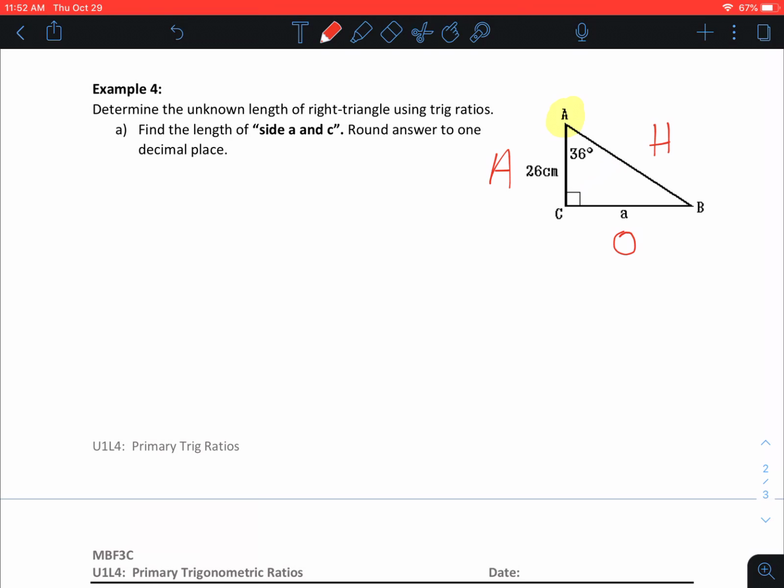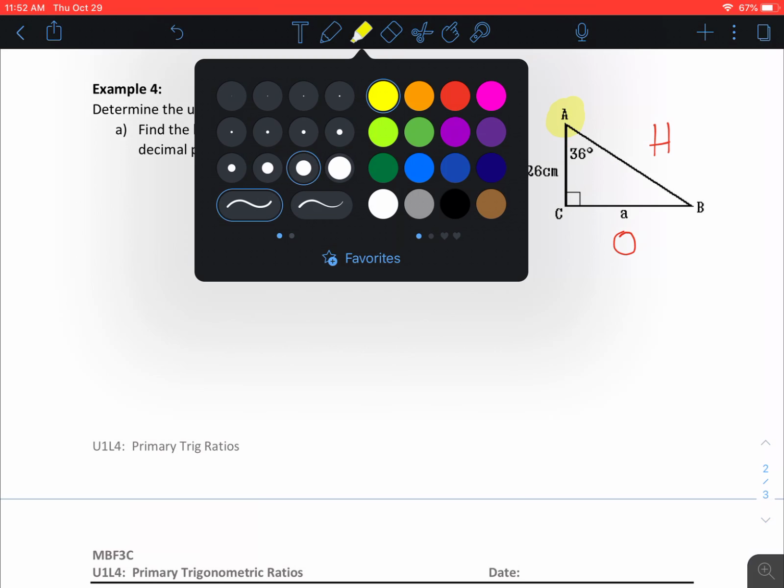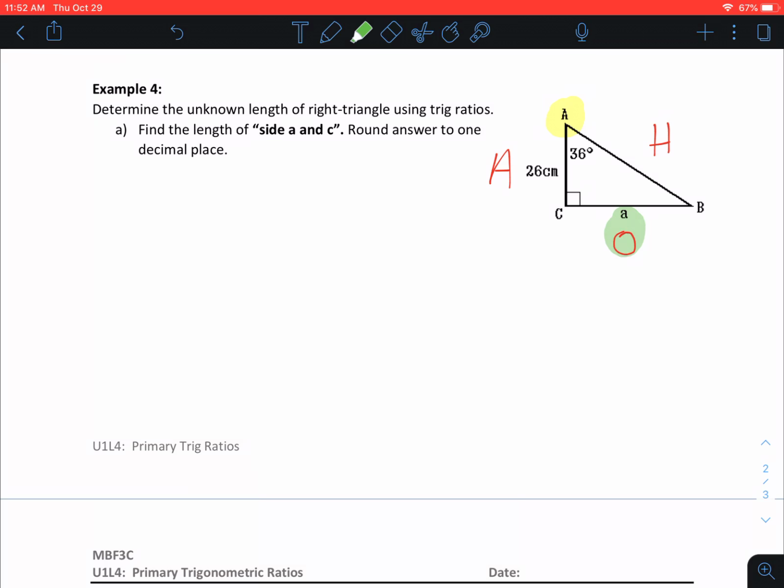Now that I have my triangle labeled correctly, I need to choose the correct trig ratio that will help me solve what I'm looking for. If we're going to find side A, I can see here that side A is the opposite side. So I want to choose another side so I can make my ratio, and I want to choose a side where I know the number.